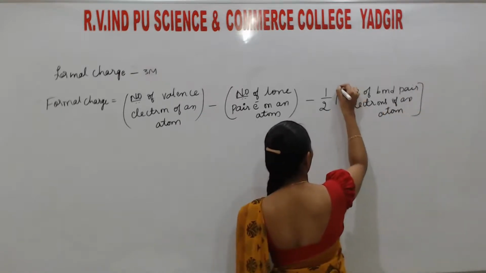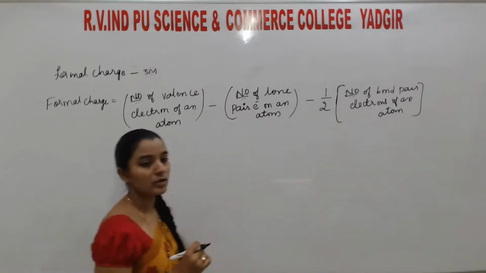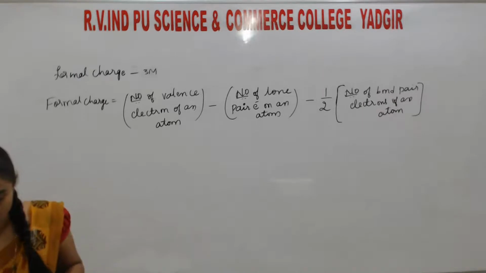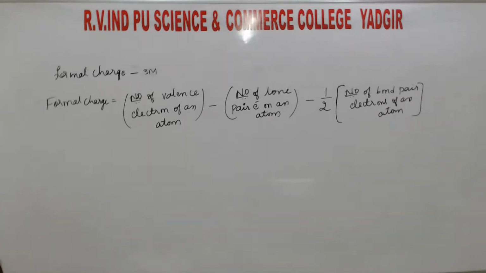This is the formula. Means formal charge, one which will get the plus charge, one which will get the minus charge. So how to find the formal charge here?